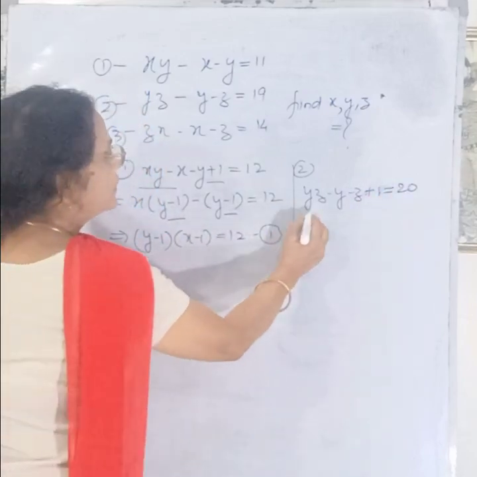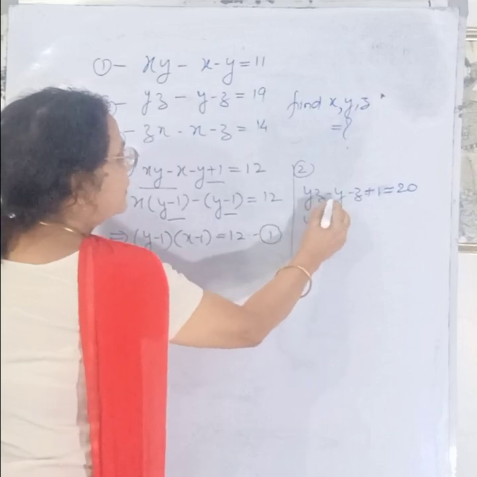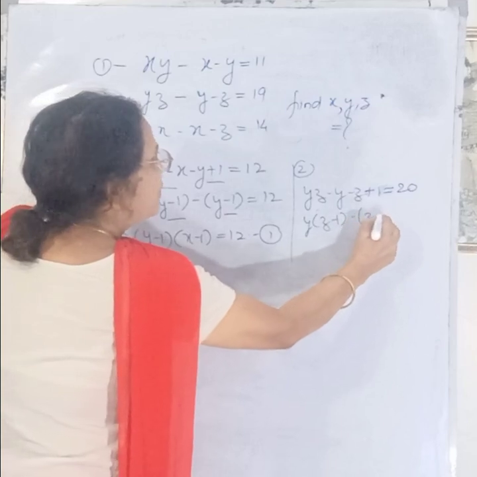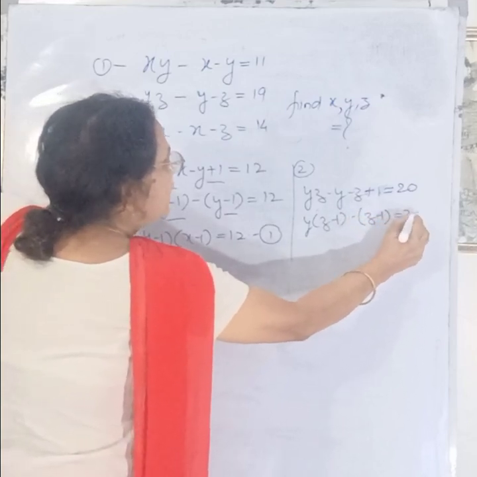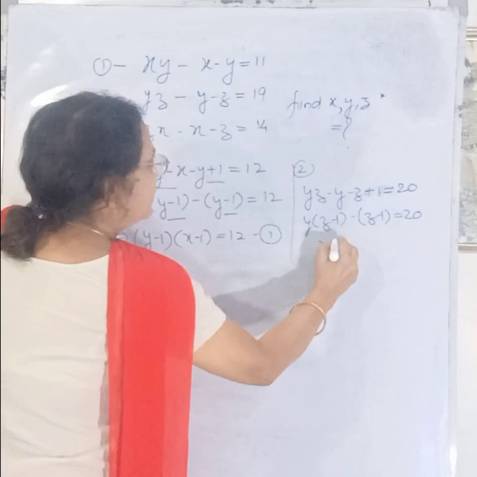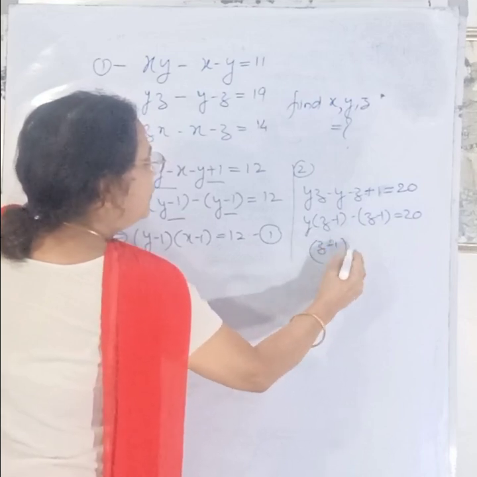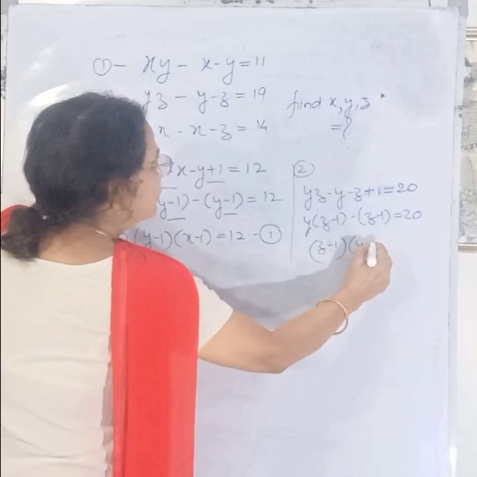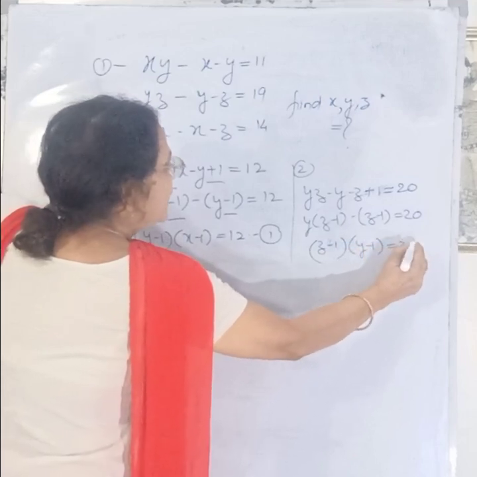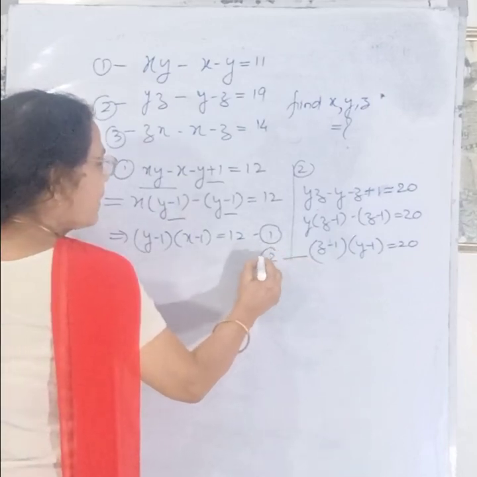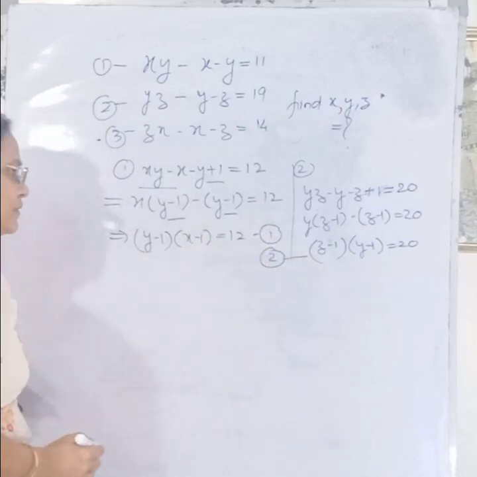Now we can take y as a common factor: y times z minus 1, minus (z minus 1), is equal to 20. It means (z minus 1) into (y minus 1) will be equal to 20. This is the new form of the second equation.